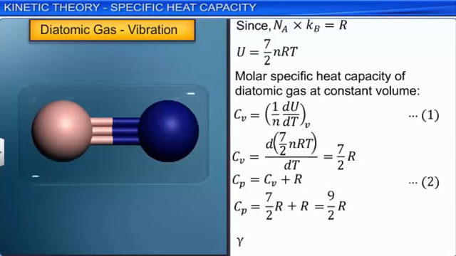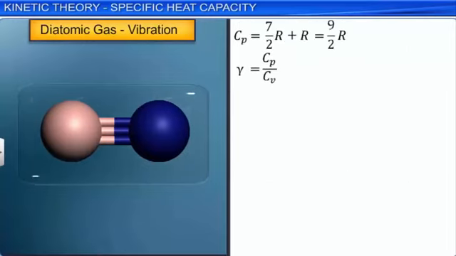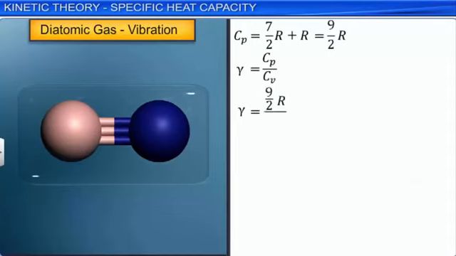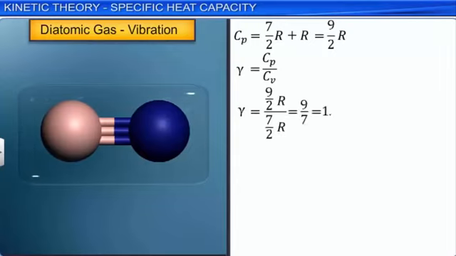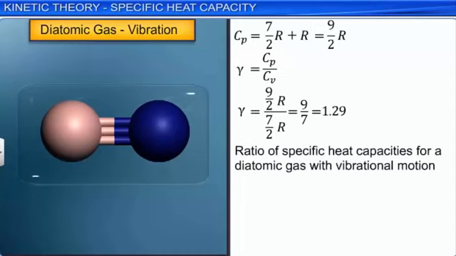Substituting the values, we get gamma is equal to 9/2 R by 7/2 R, which is equal to 9/7 or 1.29. Hence, the ratio of specific heat capacities of a diatomic gas when the molecule is vibrating is 1.29.